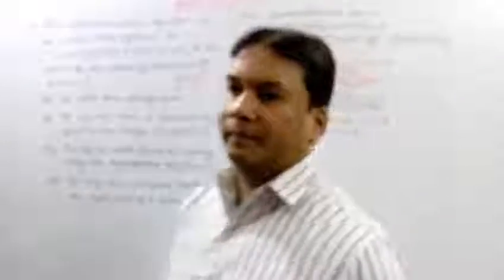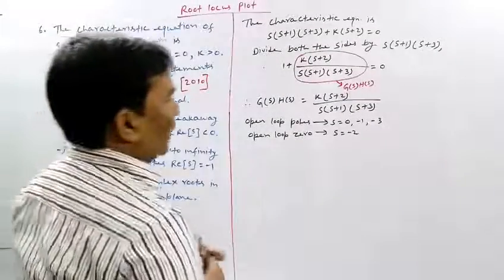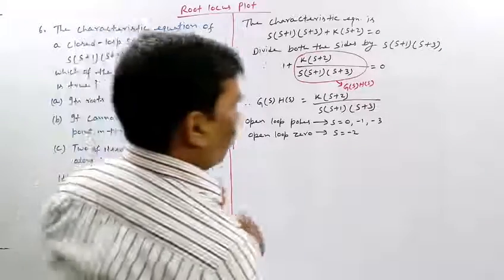along asymptotes. So the centroid is given by the centroid of the asymptotes.